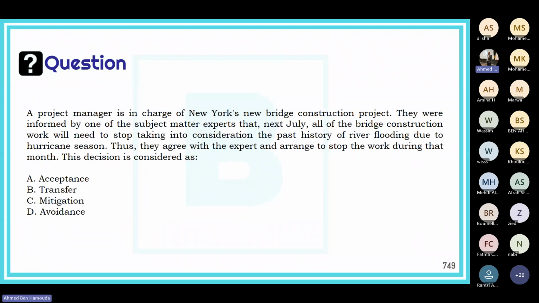And that's not mitigation, because mitigation is when the project manager decides to continue the work but takes some precautions, for example, having bags full of sand around the construction site to prevent the flooding from arriving at the site location. That did not happen. So therefore, the right answer here is avoidance. Since the project manager decided not to continue the work during July, that means they decided to avoid the risk. Okay.